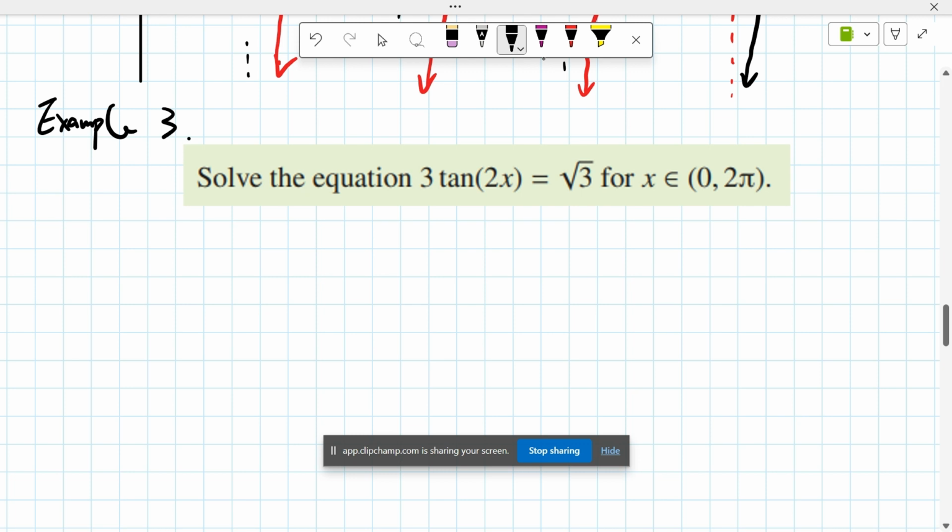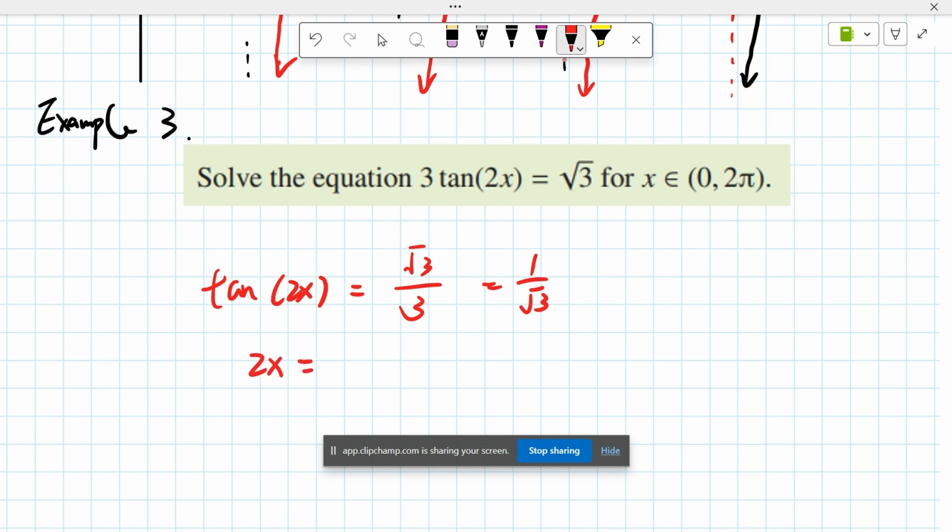Next question will be solving the equation, and I want you guys to know how to do this. So we just isolate the tan x. Now it equals root 3 over 3, or equals 1 over root 3. That's the same way. 2x equals pi on 6. Remember the special angle table, please make sure you use that table, okay?